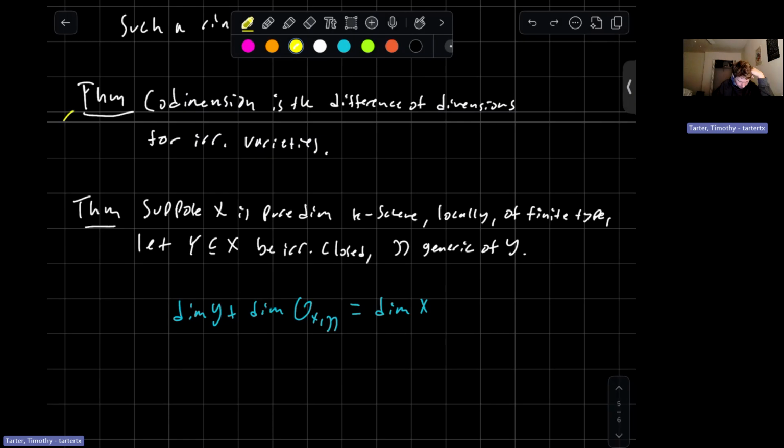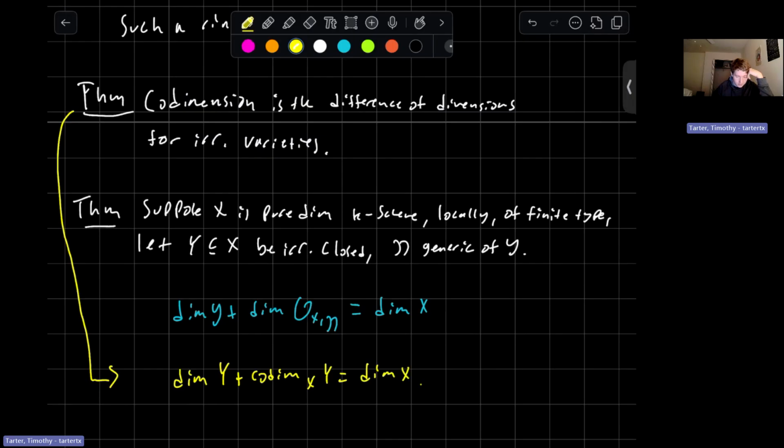As a corollary, I'll go ahead and write that here as dim Y plus the codimension of Y in X is equal to dim X.